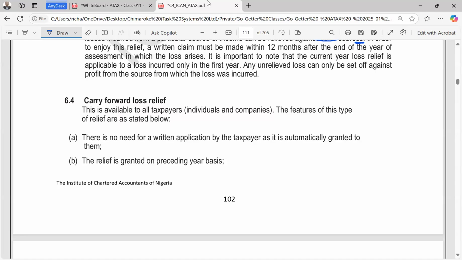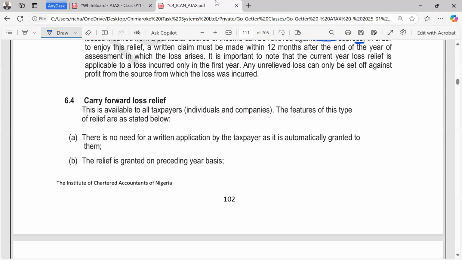It must be carried forward. Second, there is no need for a written application, unlike current year loss, where an individual will write within 12 months. Once it is a carry forward loss, you don't need to write, both as an individual or as a company.